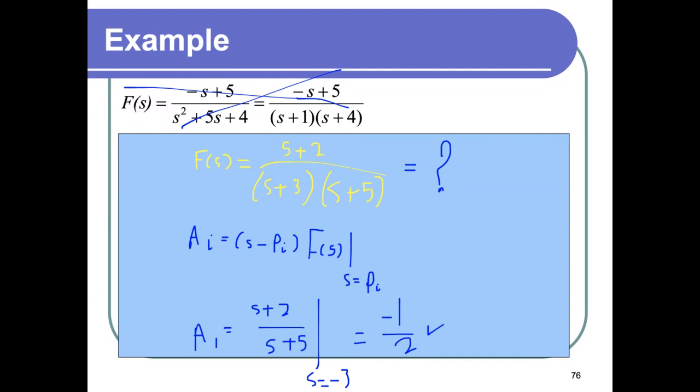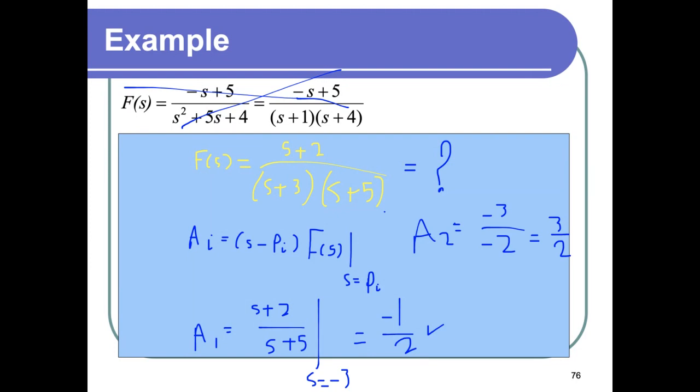You're correct. What about A2? What was it? 1.5. Yeah, so we evaluate at minus 5. So we have minus 3. Then we have here minus 2. We have, yes, 3 over 2. Correct.